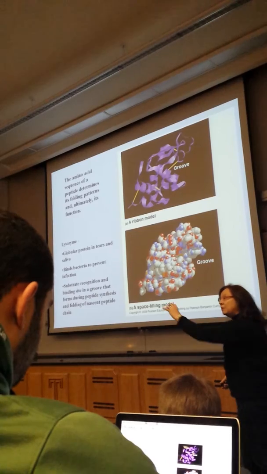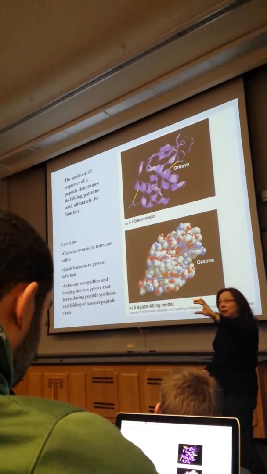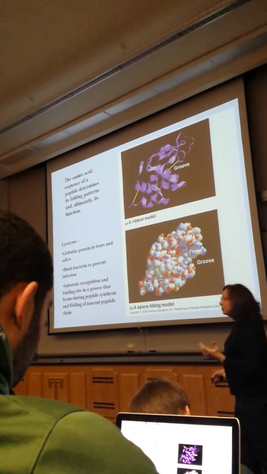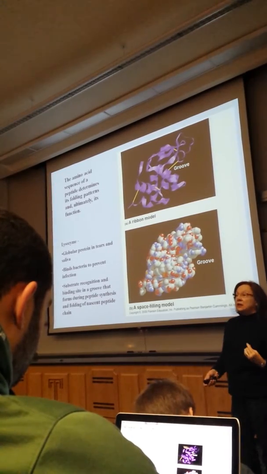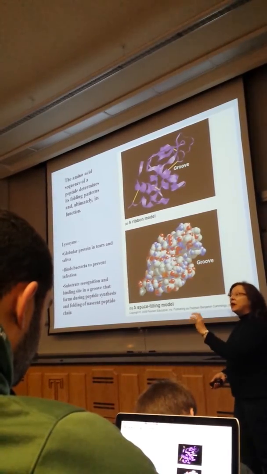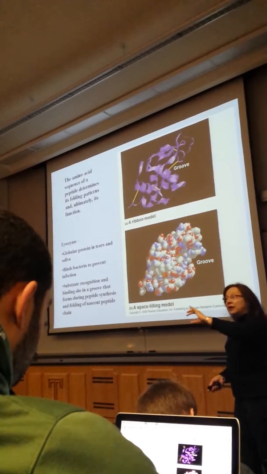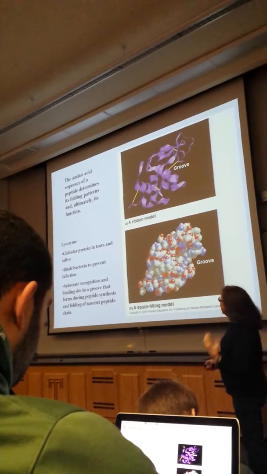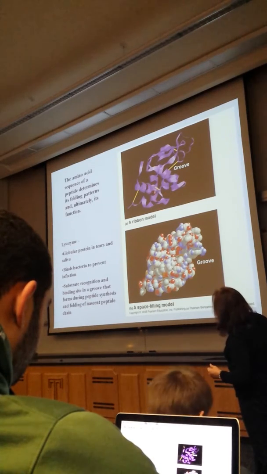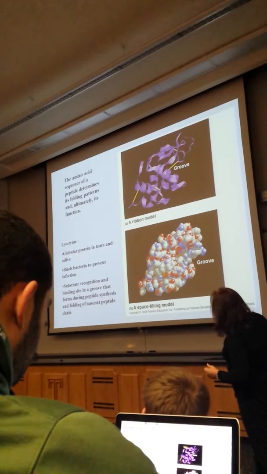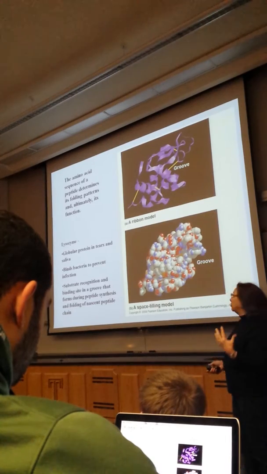As a polypeptide chain is being formed, depending on its amino acid sequence and the properties of the R groups on the amino acids, that's going to determine how that polypeptide is going to start folding upon itself and forming a final structure.